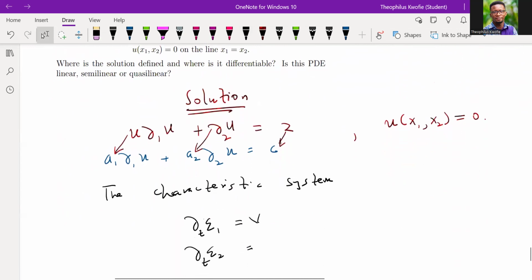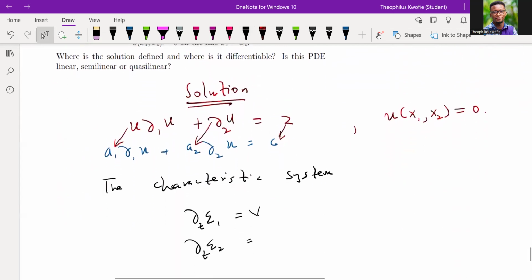All right, so what is our A2? In this one, we see that the A2 is 1. Your A2 will be 1. What will be your partial of v with respect to t? And that is 2, right?